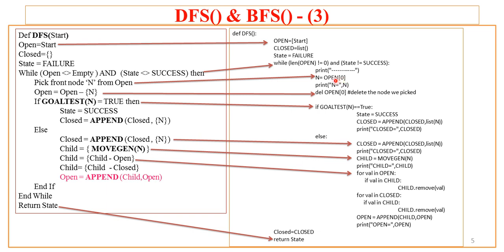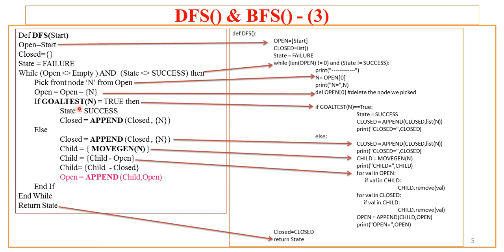It picks the first element and assigns it to n. Now whatever you have picked is removed from open, and that is achieved by calling the del statement of Python, and del open index 0 will delete the node we have picked, that is the first node.